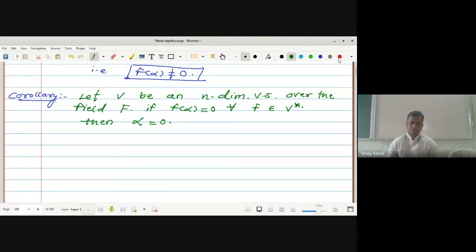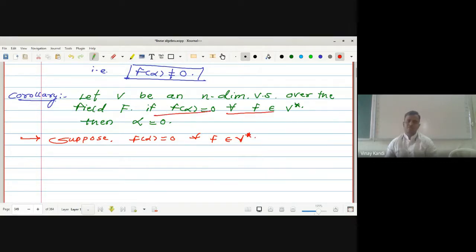Now, proof. Suppose f of alpha is equal to 0 for all f belongs to V star, which is given to us.